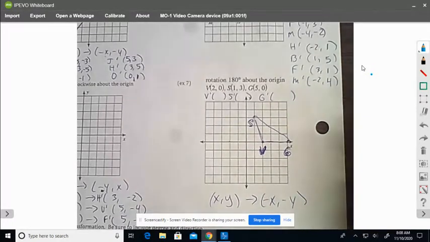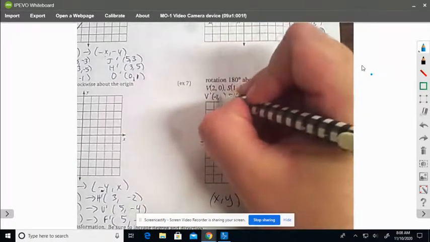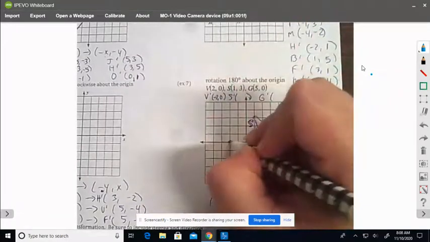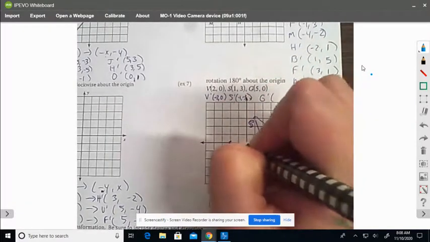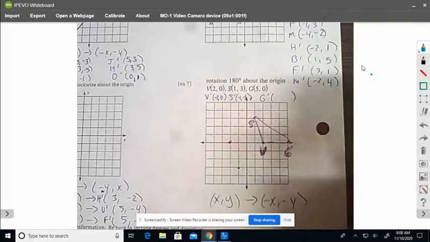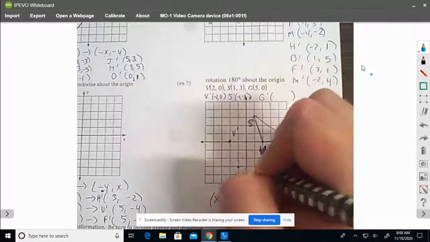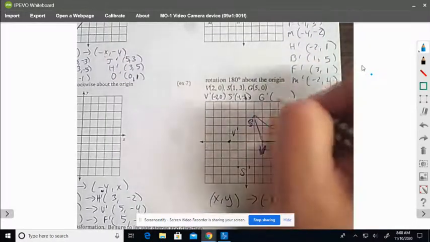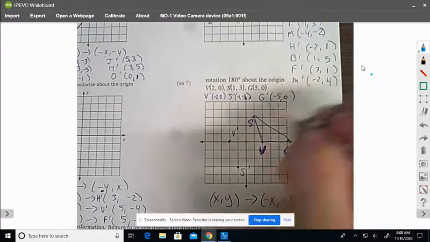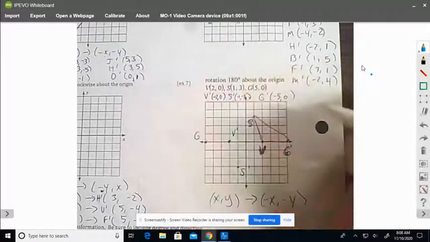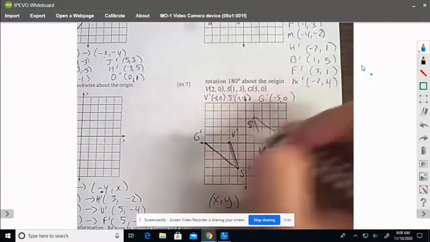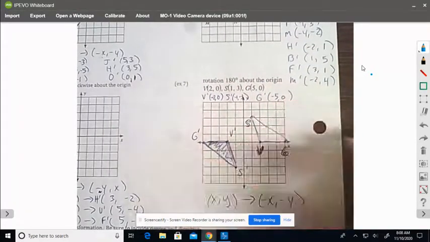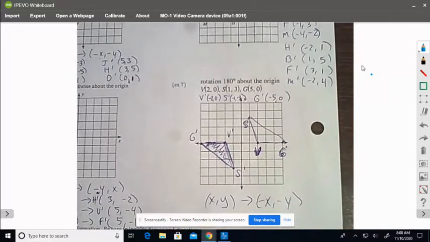For my S prime, I want to change the sign of both of these, so that'll be -2, 0, -1, -3. It's my V prime, S prime, and then this would be -5, 0, G prime. Then I connect these dots and I shade it in, and that would be my answer.